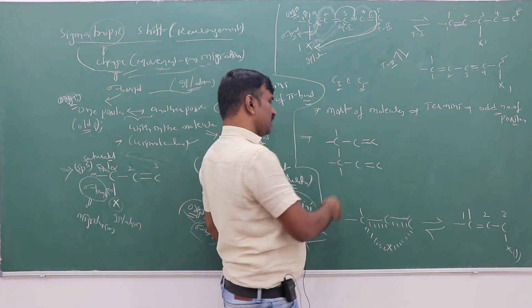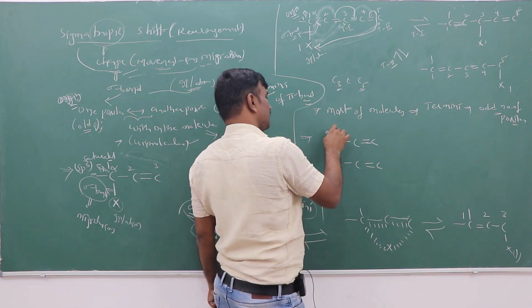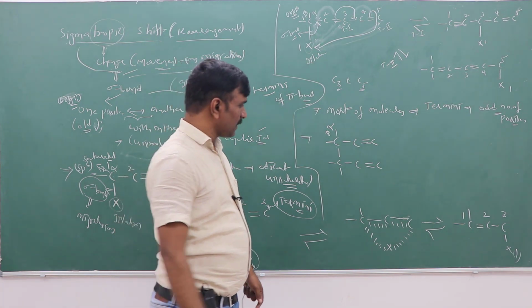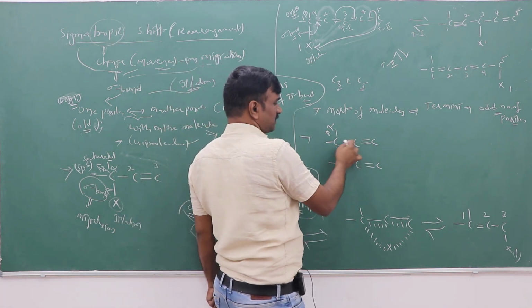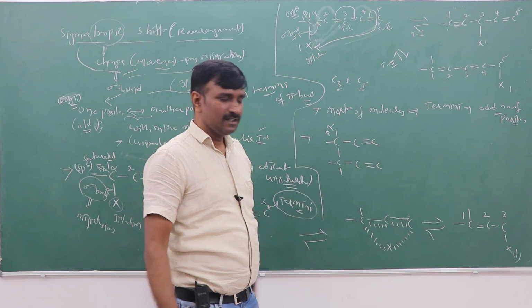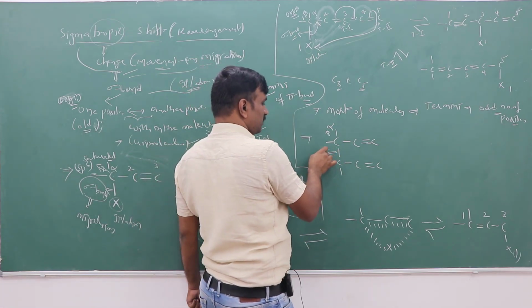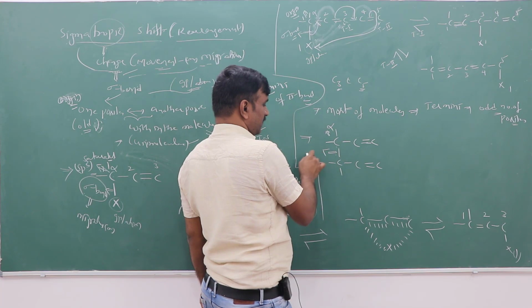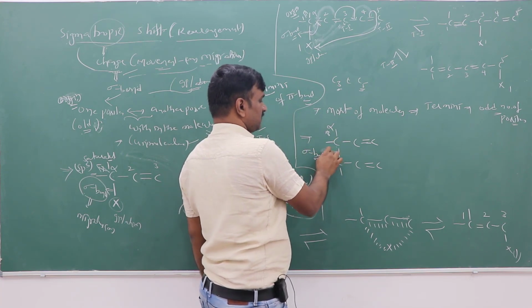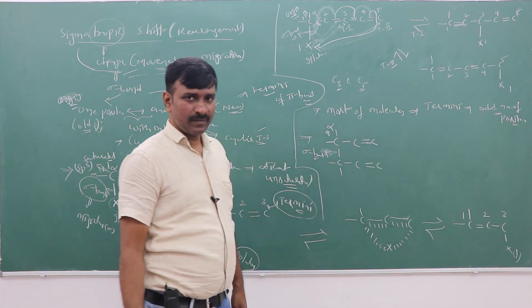So you can identify any one of them, no problem. You can select this as the alpha position or this as the alpha position. This is the saturated position adjacent to the unsaturation. This is also like this. So the sigma bond attached to the saturated position adjacent to the unsaturation is the migrating sigma bond.